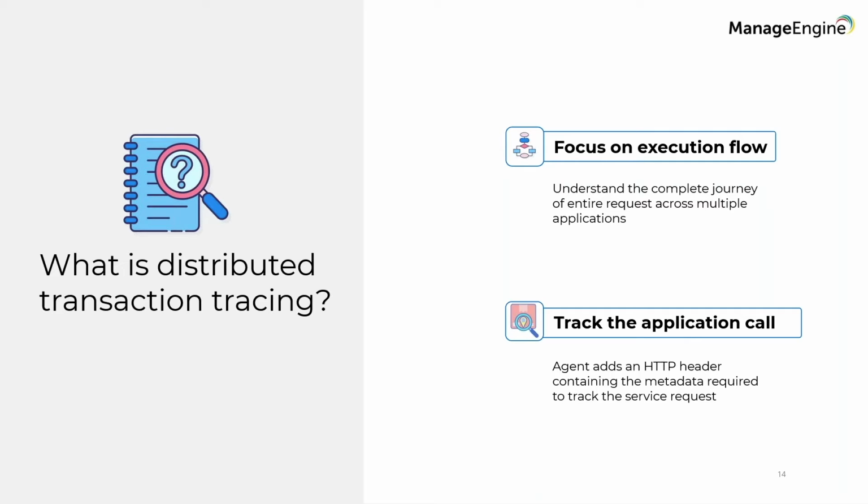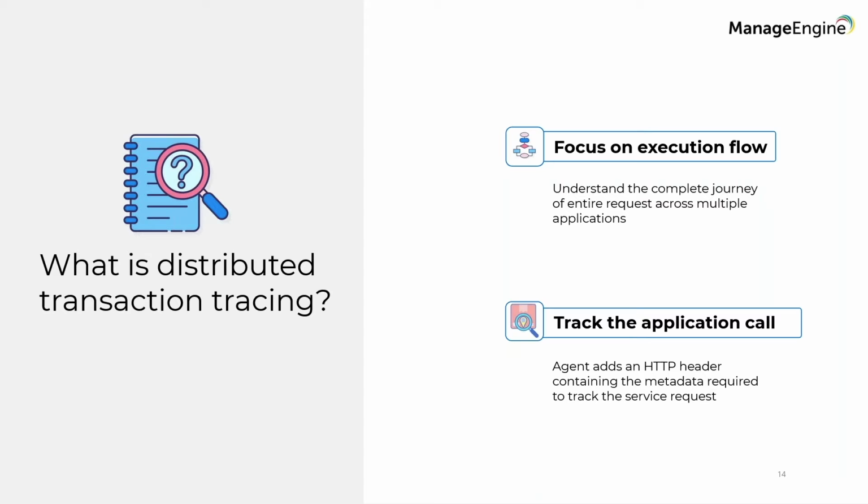So APM Insight helps you to diagnose code level issues with the help of distributed transaction tracing. You can track the transaction traces made from one application to another. This would be specifically helpful if your application is distributed across multiple data centers, right?